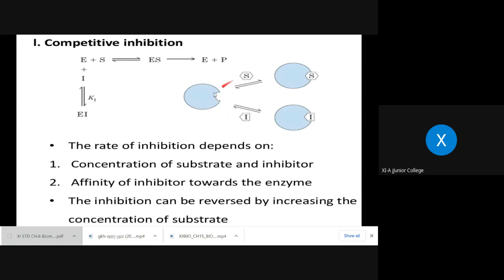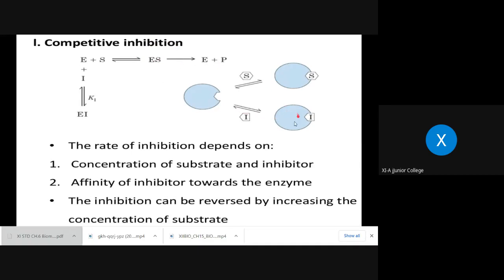If the substrate comes in contact, then the enzyme-substrate complex will form. If the inhibitor comes first in contact with the active site, then the enzyme-inhibitor complex will be formed. So the rate of inhibition depends on the concentration of the substrate and inhibitor. If the concentration of the substrate is more, the substrate will bind to the active site, the enzyme-substrate reaction will occur, and the product will be produced.